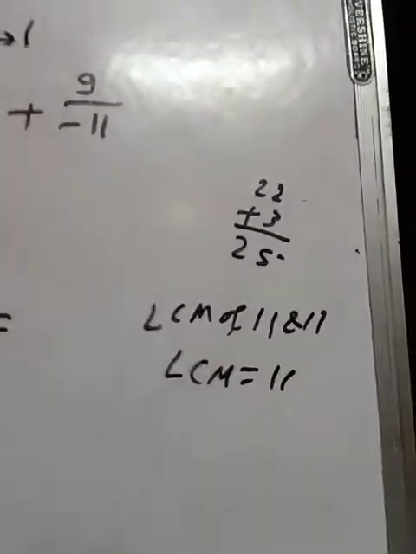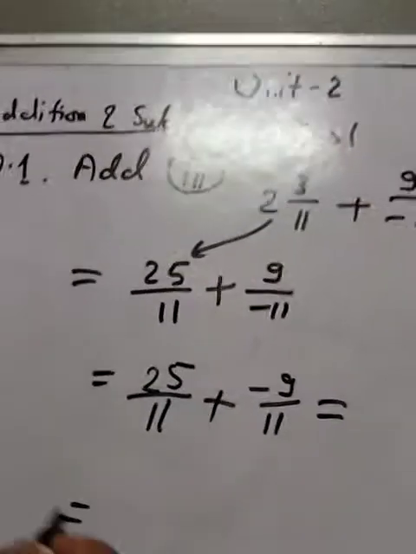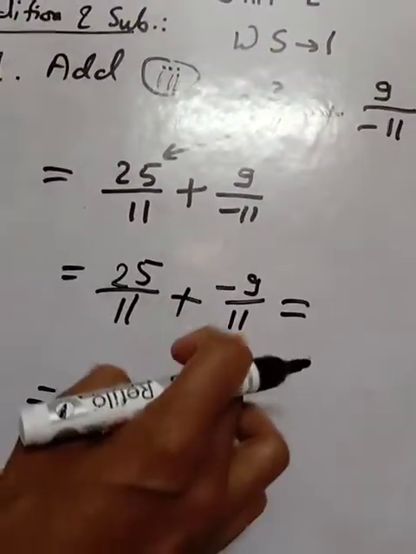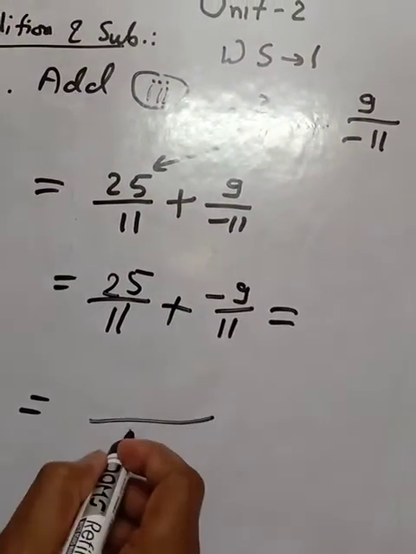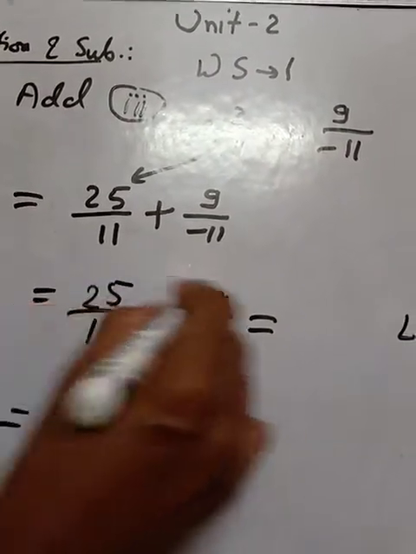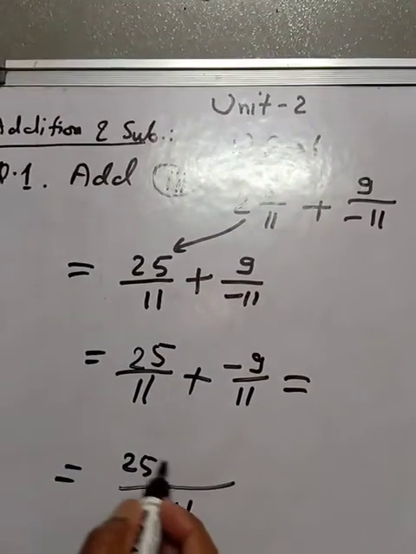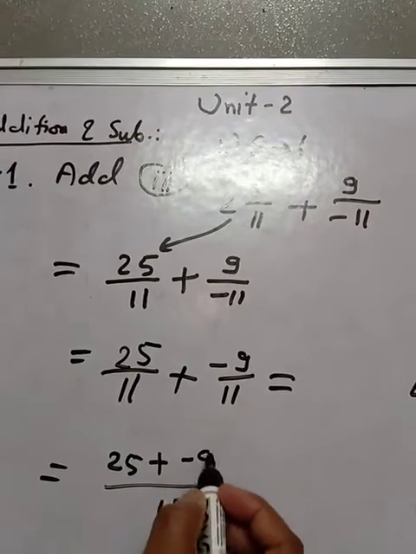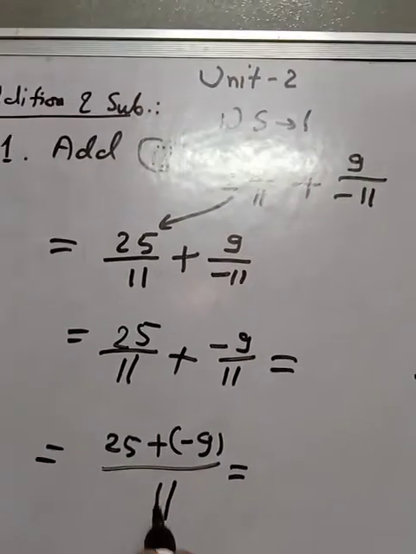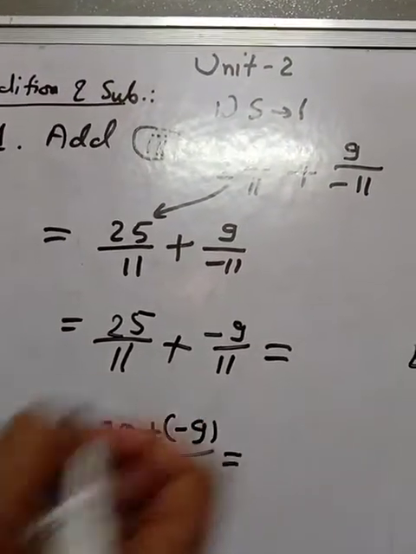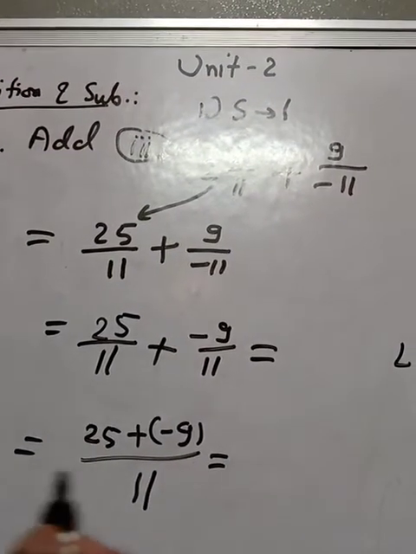So 11 only. The next step: when both denominators are the same, we simply add their numerators. So 25 plus minus 9, divided by 11.